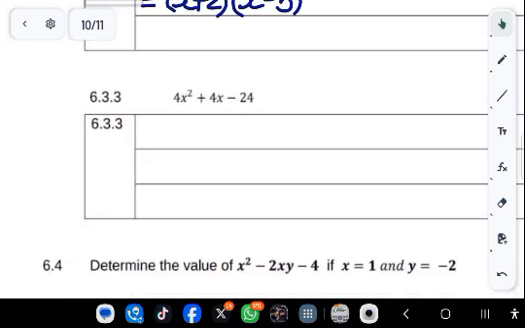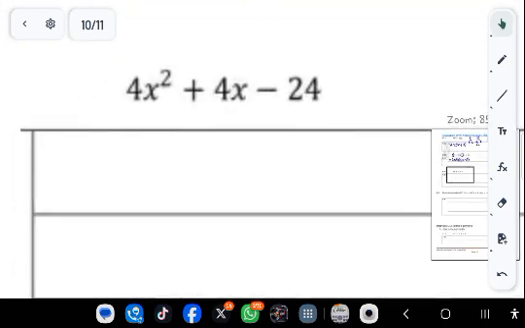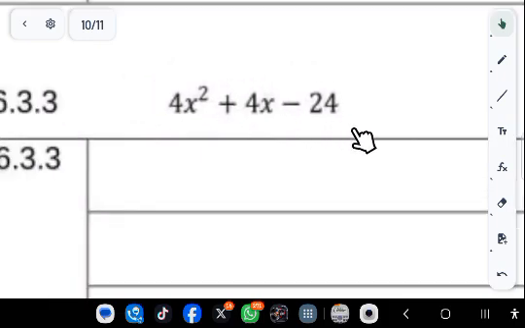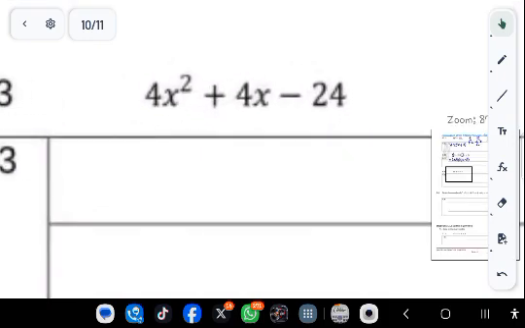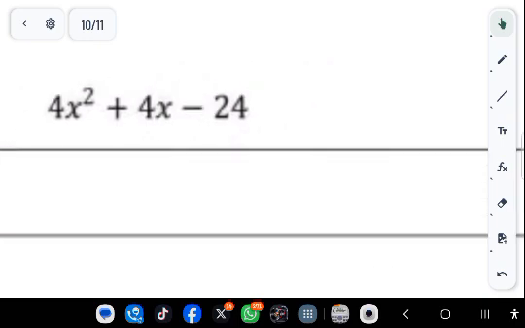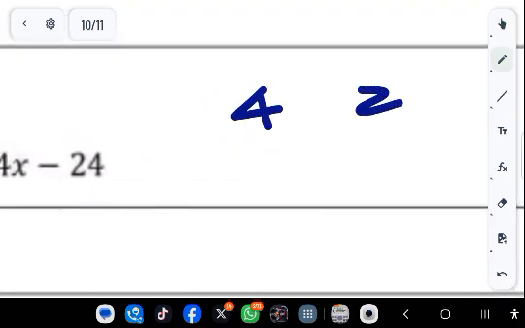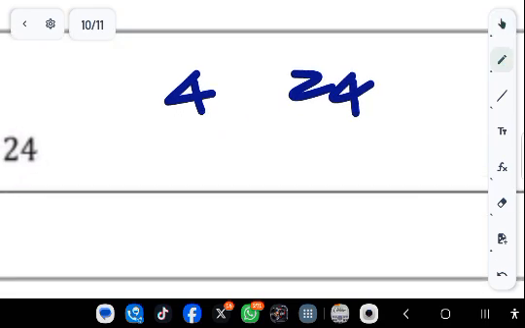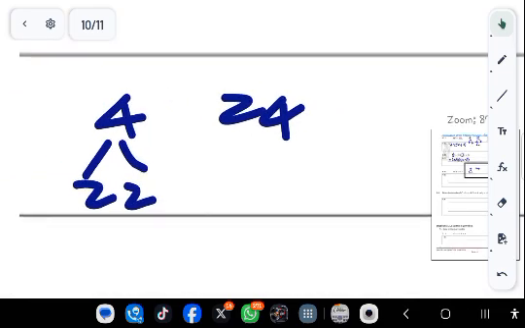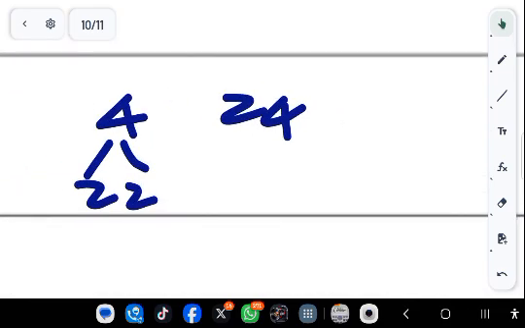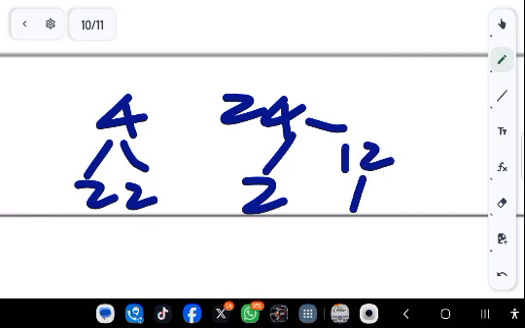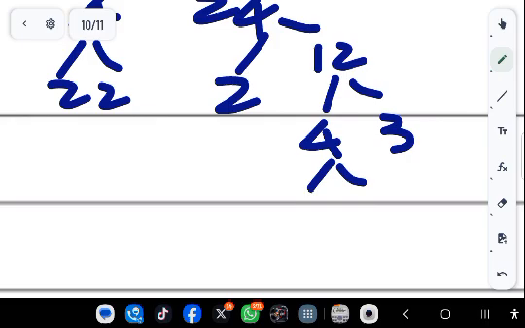That's it. 6.3.3. This is a trinomial. So what you do here is first take out a common factor. What is the common factor between 4 and 24? For 24, that is 12 and 2. 12 can be 4 and 3, and then 4 is 2 and 2.